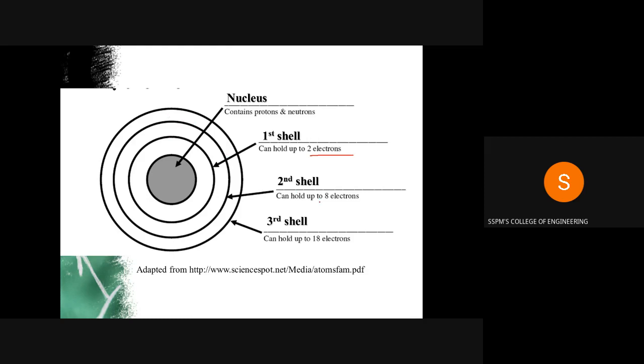The second shell contains 8 electrons and the third shell contains 18 electrons. So 2, 8 and 18. This is the capacity of an orbital or shell to hold electrons.